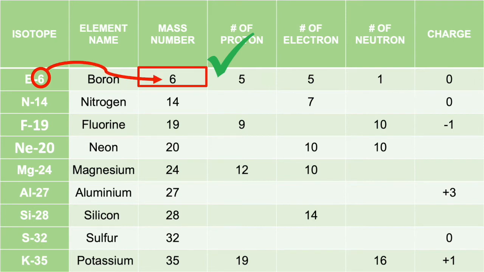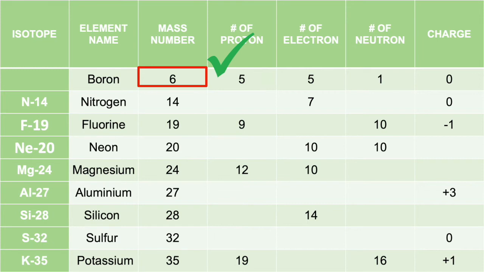So you may simply copy the number 6, which is the mass number, to the column for the mass number. So the correct answer for the mass number of our boron isotope is still 6 and not 11.